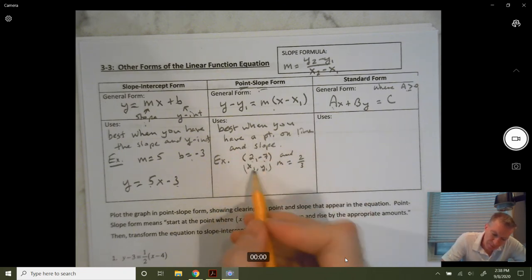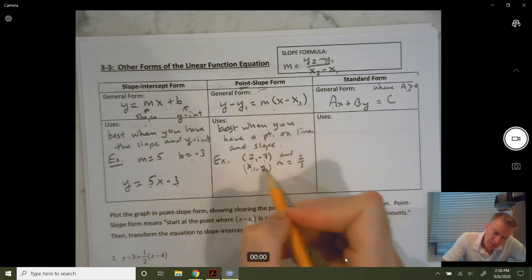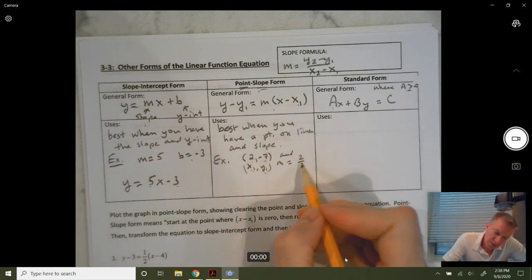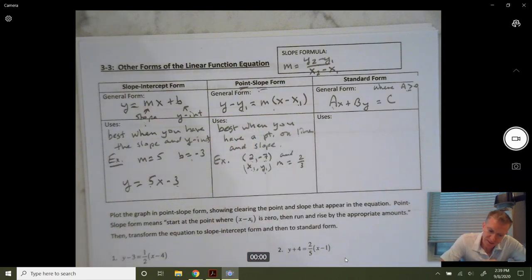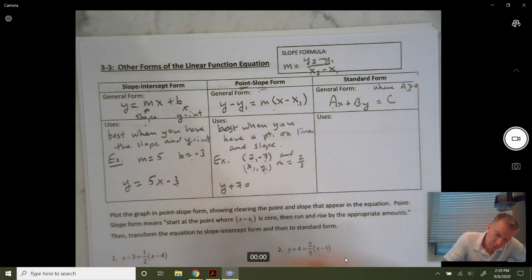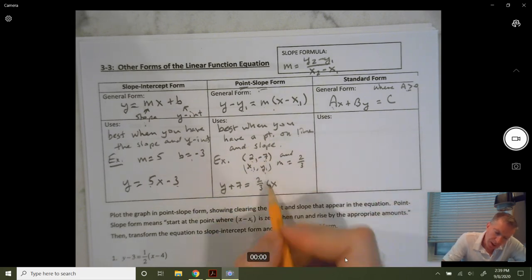You plop in the 2 for x1 over here, the -7 for y1 over here, and then you plop the slope in right here. And that's it. You're going to get y + 7 = 2/3 (x - 2).